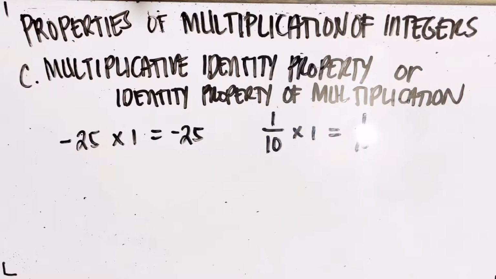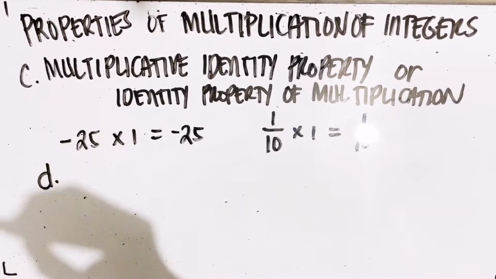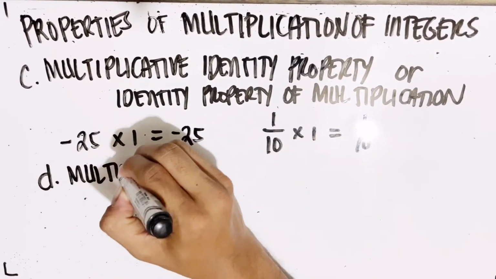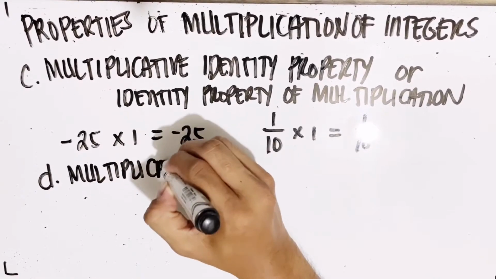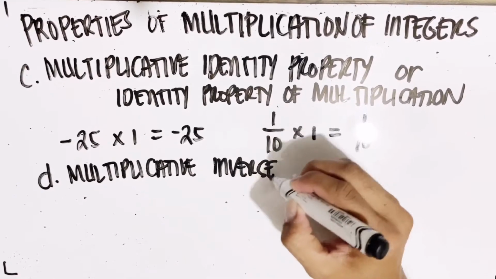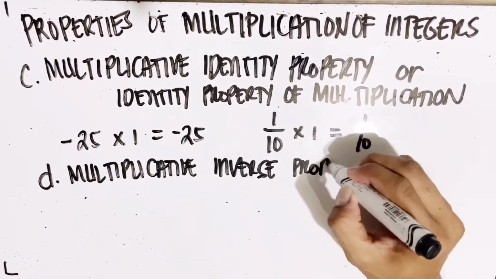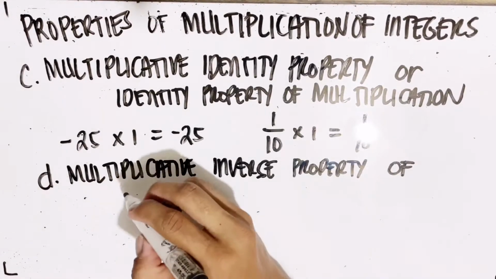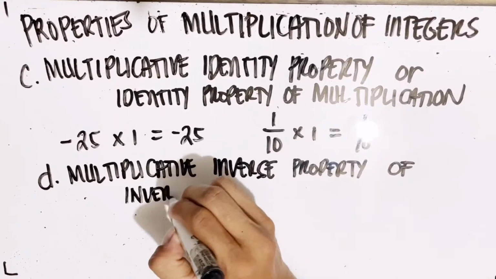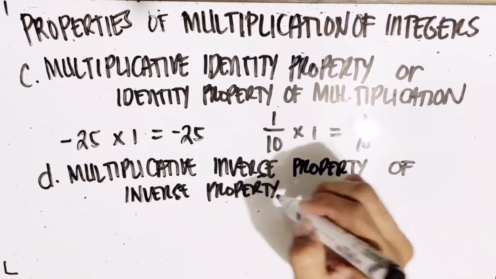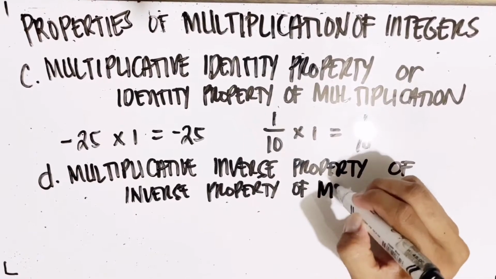So, let's have the next property, which is called the multiplicative inverse property. Or it is sometimes called inverse property of multiplication.